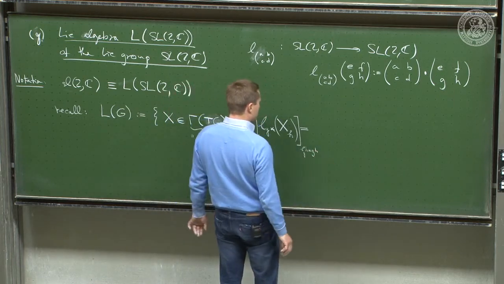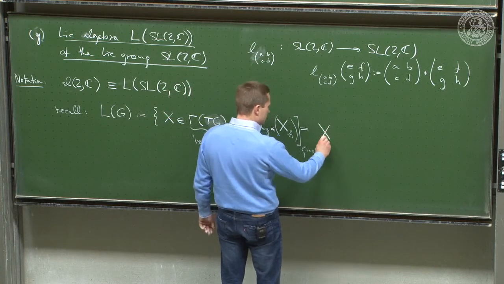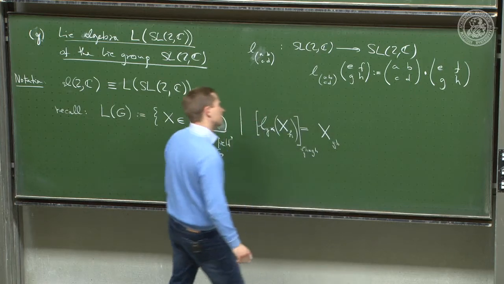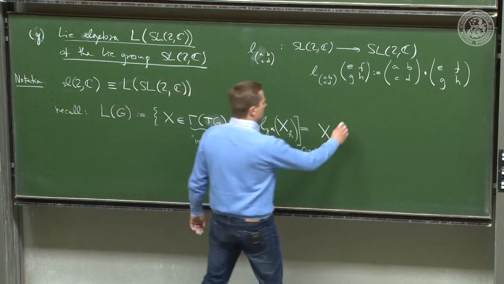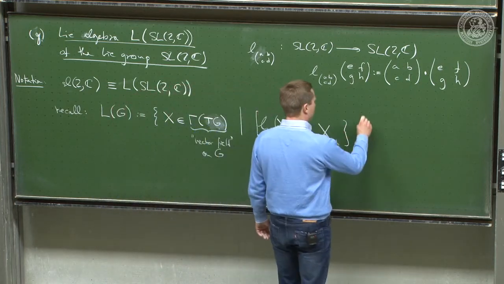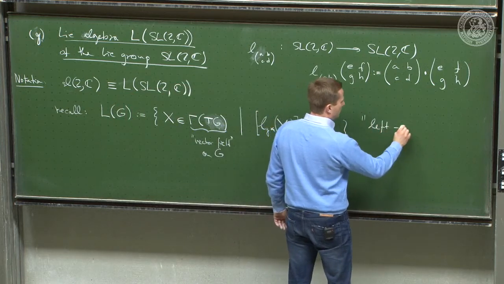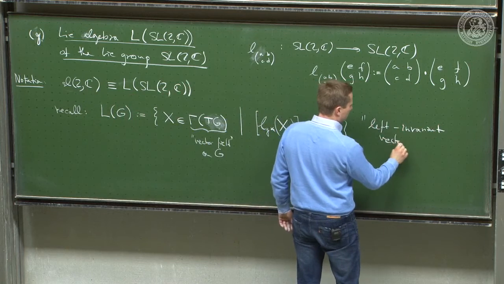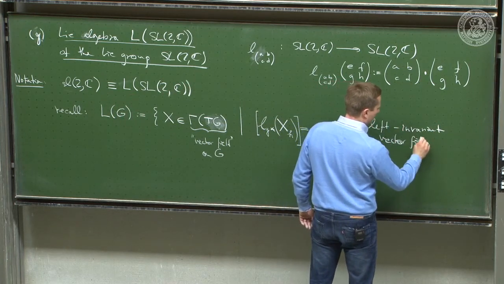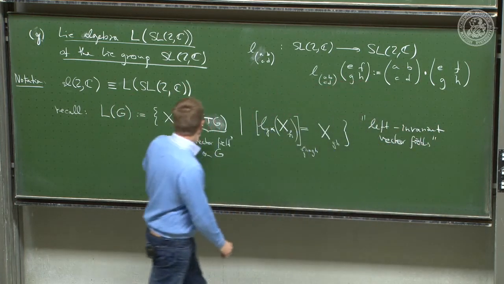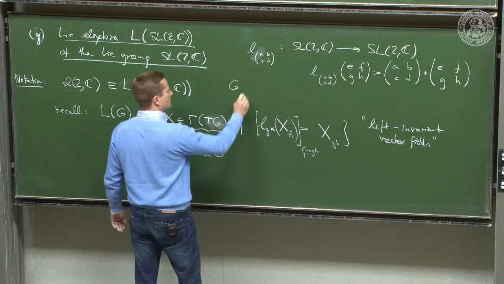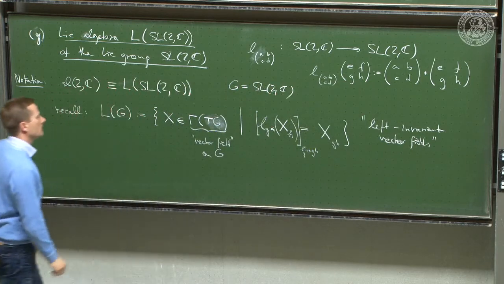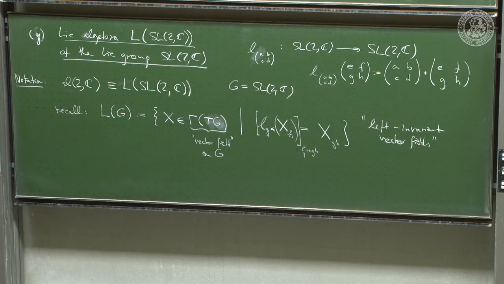And you can require that this is what the vector field at that point already was, X at gh, and that's the set of left invariant vector fields. And obviously wherever I wrote G, this is in our case SL2C. That was the definition of this Lie algebra.